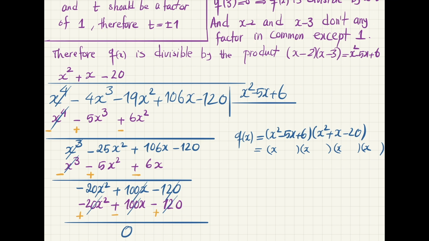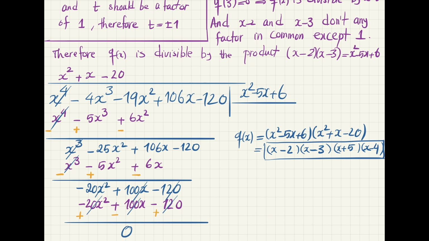So here I ask myself, I need two numbers whose sum is minus 5 and the product is positive 6, so it's clear that one of them is minus 2, the other one is minus 3. And then here I need two numbers whose sum is positive 1 and the product is negative 20. And then it becomes positive 5 and negative 4. So you see that this is the complete factorization of your polynomial.